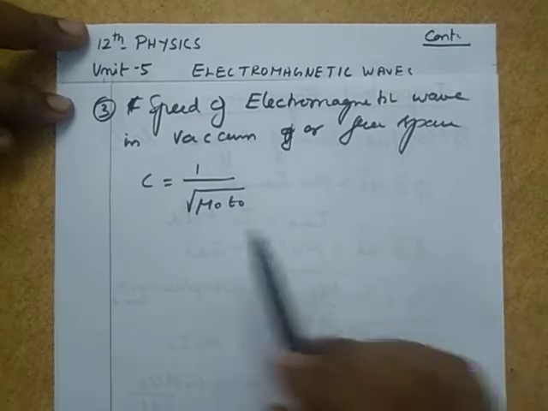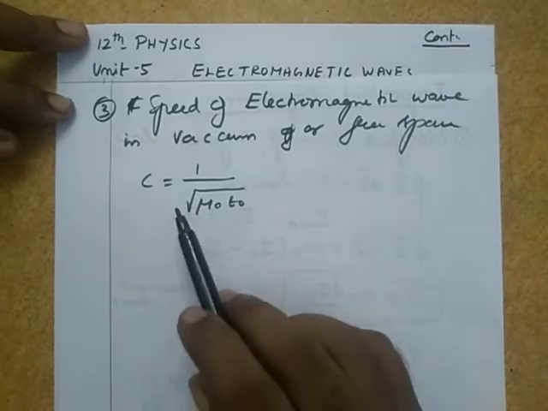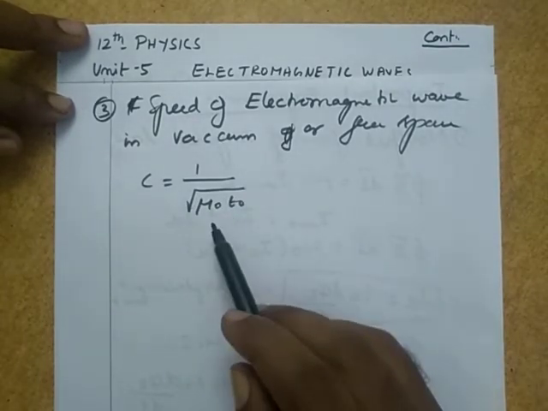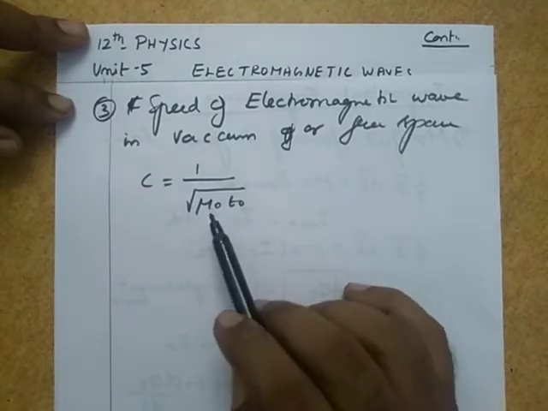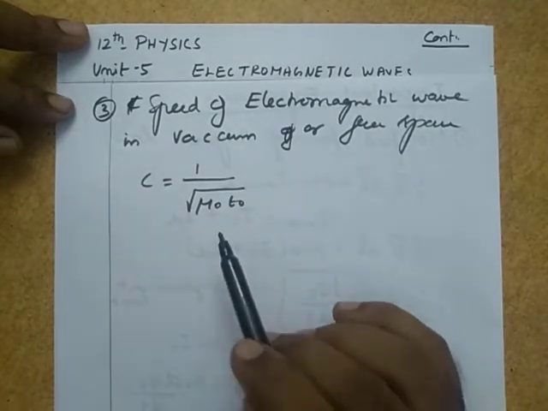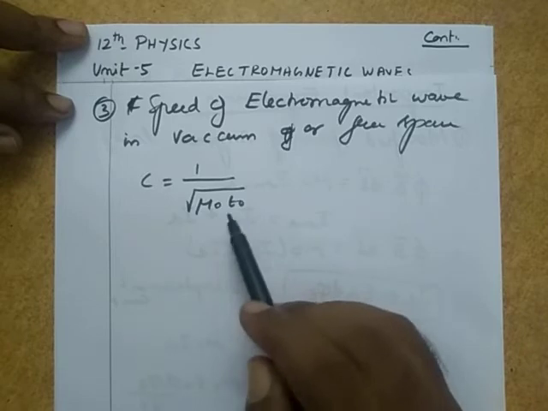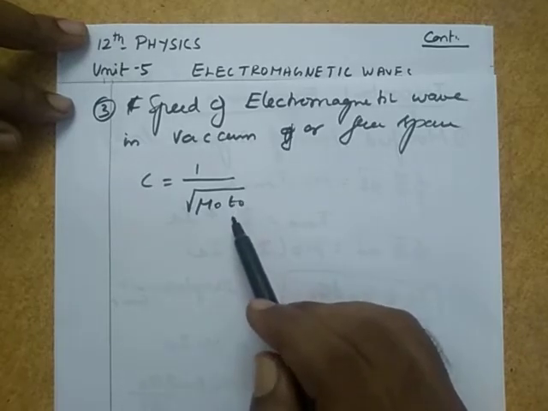This equation indicates that the speed of the electromagnetic wave depends on the permittivity of free space and the permeability of free space. Here mu naught is the permeability of free space, epsilon naught is the permittivity of free space.